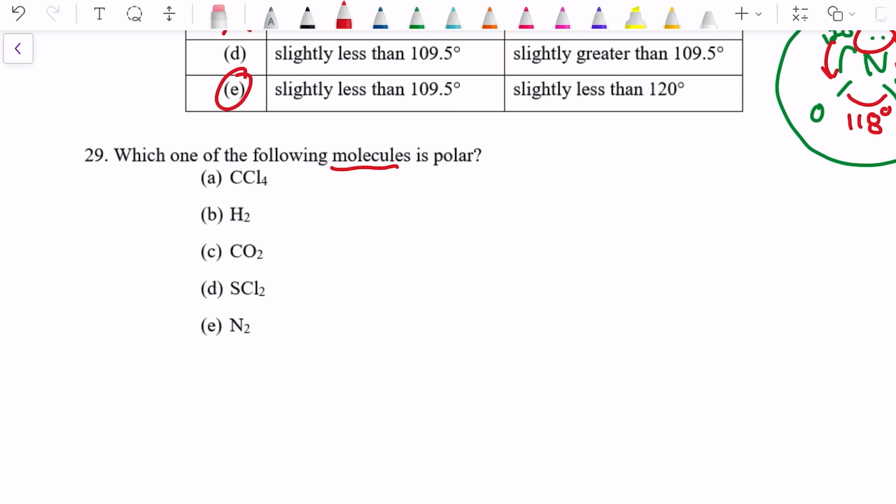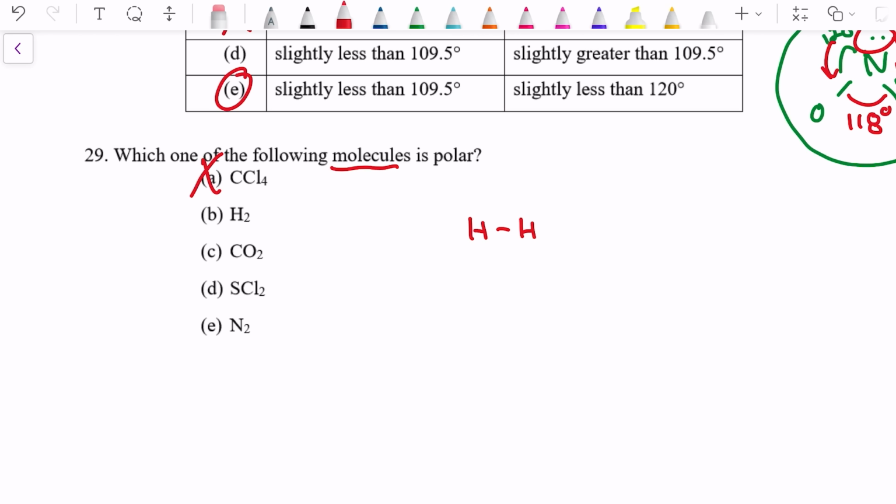For A, our molecule looks something like this, and this is symmetrical all the way around. We don't have any lone pairs anywhere that can make this polar, so it's not A. Diatomic hydrogen, once again, has no asymmetries. Also, our bond is not polar because it's the same atom.